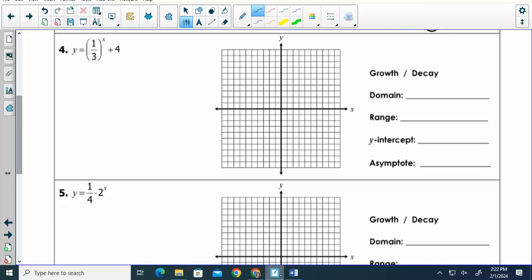But what I want you to do is use Desmos to try to graph this. Okay, we can still plug in points, certainly, and get some exact ones.